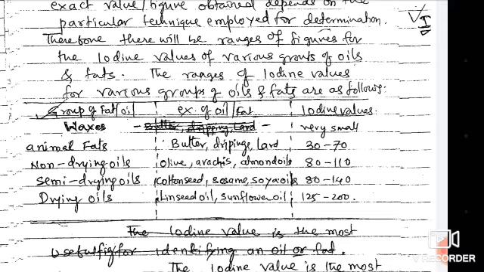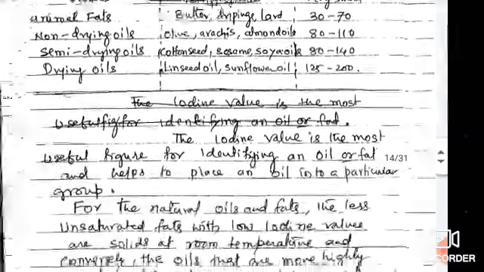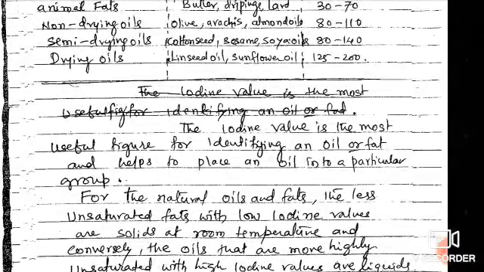And the drying oils, examples linseed oil, sunflower oil, the value is about 125 to 200. So the iodine value is the most useful figure for identifying an oil or fat and helps to place an oil in a particular group.